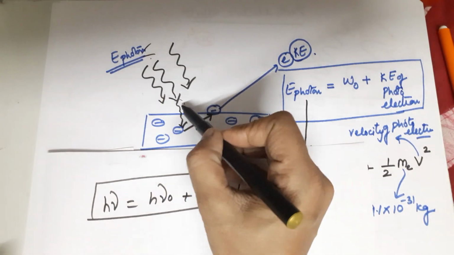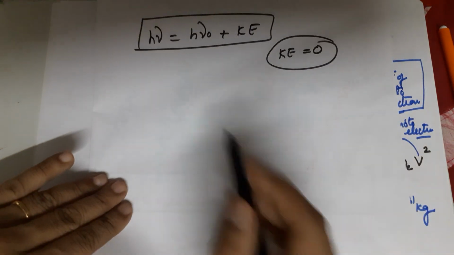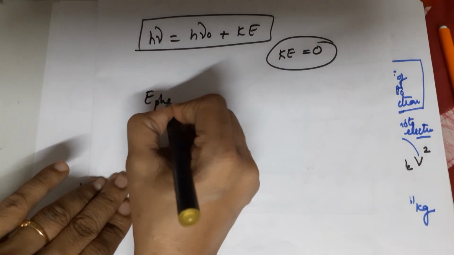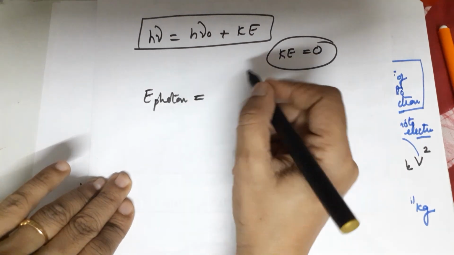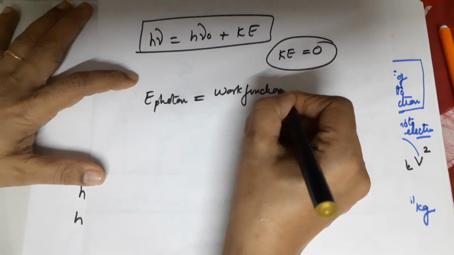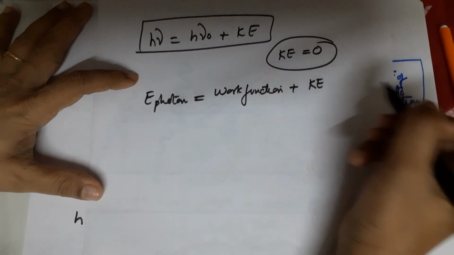The total energy of the photon is used just for this, which means here this is 0, which means the energy of the photon was used for the work function, that is just to remove the electron and bring it to the surface, plus the kinetic energy of the electron.